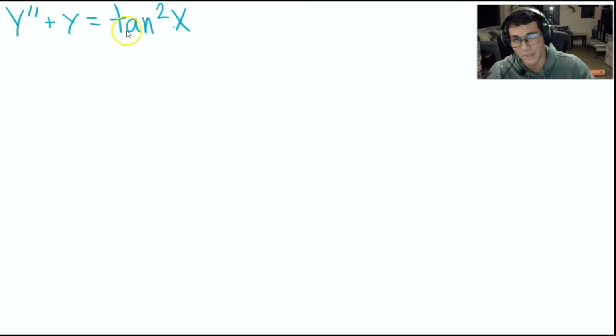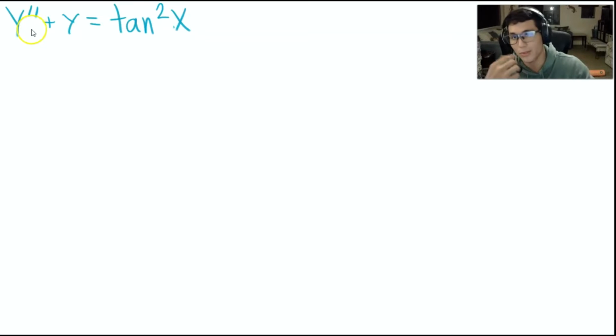You can always use variation of parameters, except sometimes it may be harder because you have to do some integration, so you may end up in a situation where you don't know how to do a certain integral. But other than that, this method will always work for these higher order equations. You just have to watch out.